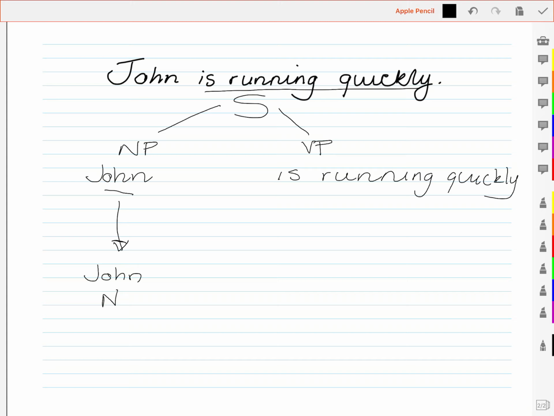If we look across here to is running quickly, we could divide that in a couple of ways, as I said, because there's an auxiliary verb in here. We know that the verb is running. The way I've asked you to do it as a beginner is just to cluster your auxiliaries in with your main verb at the moment.